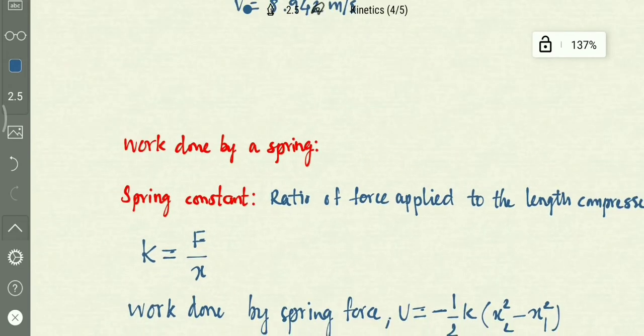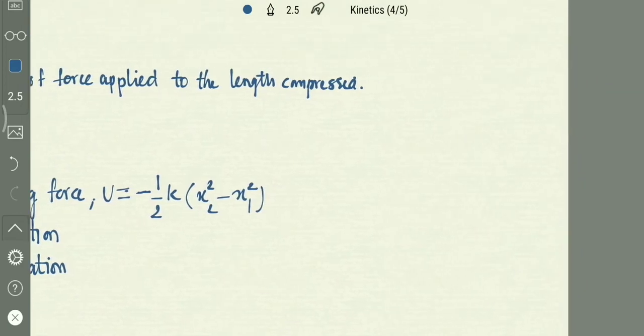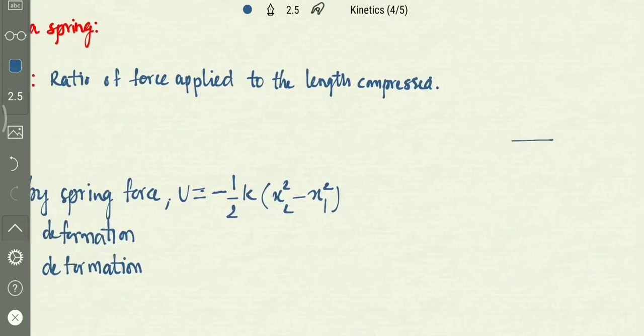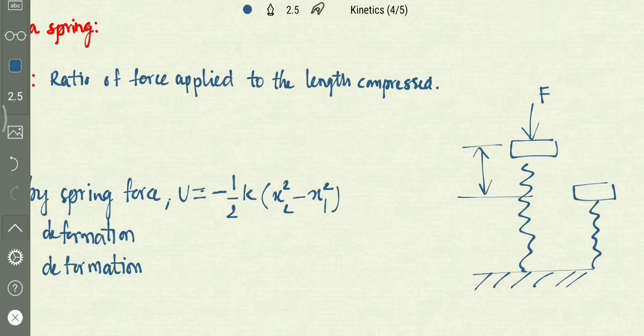And there is work done by a spring. So if there is a spring, and it is applied with a force F and it is compressed to a position like this, let us say this distance is some x.